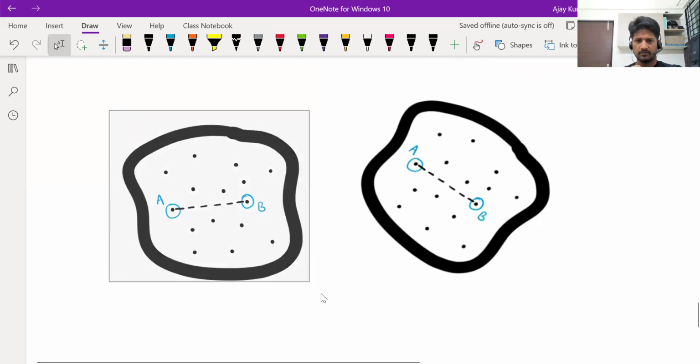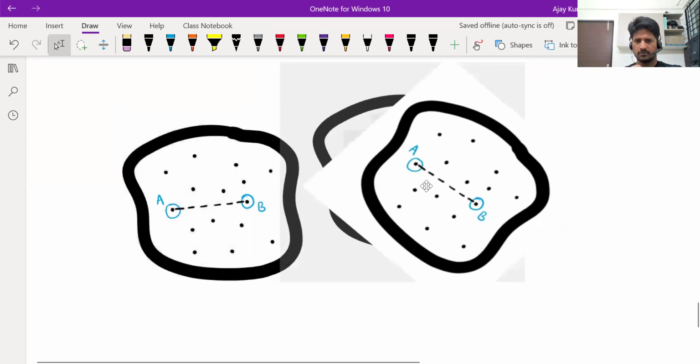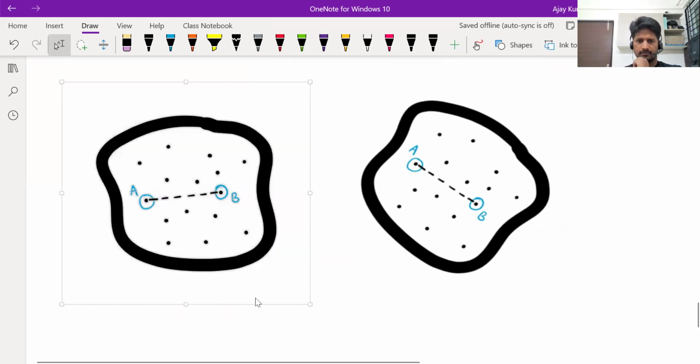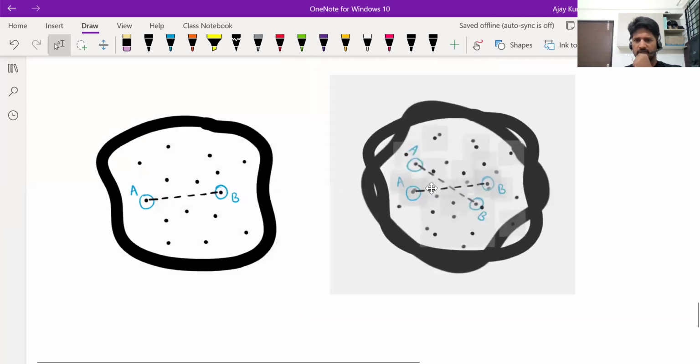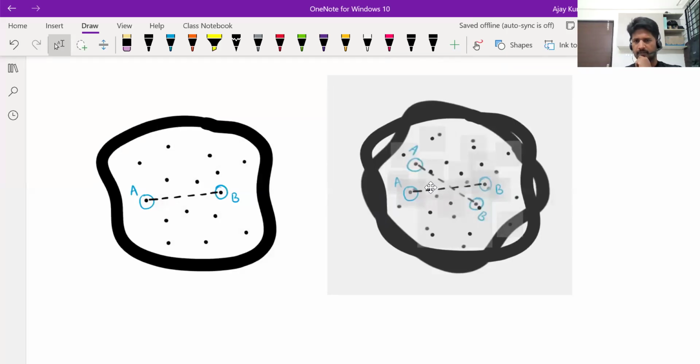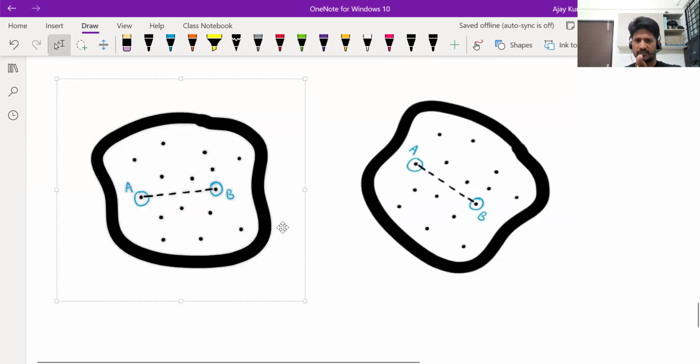Fine, I can in fact make them overlap also. It's a rigid body which has been rotated. So the particles have changed their position. Most of the particles have. It's possible that all particles have changed their position also. And you can see that the line connecting A and B has rotated by some angle.